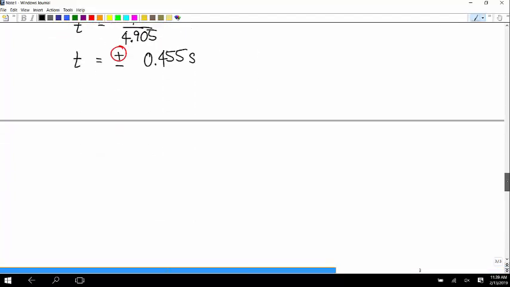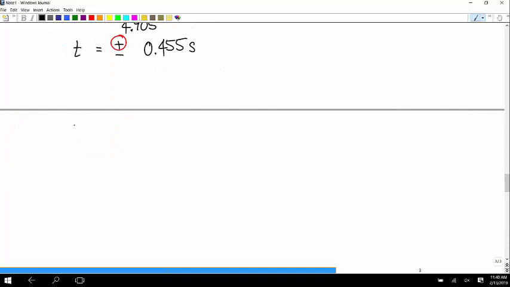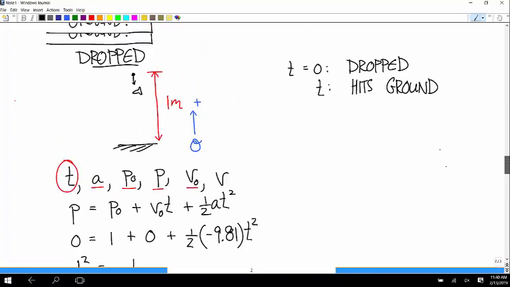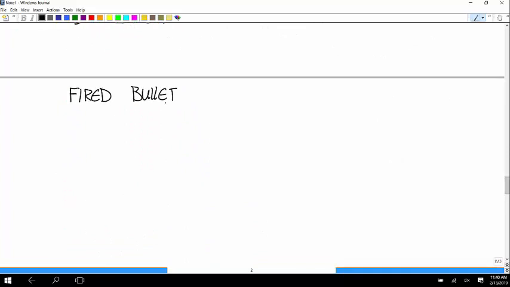Okay, so now let's think about the fired bullet. So this time, what's the path going to look like? So here's the muzzle of the gun. And this obviously isn't drawn to scale because it's going to hit the ground a long way away.